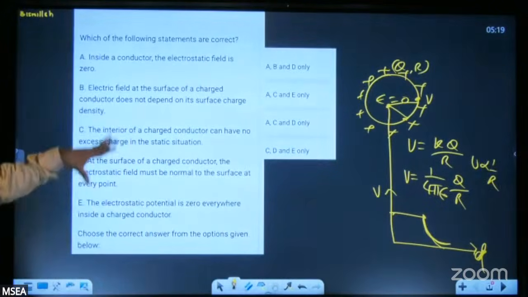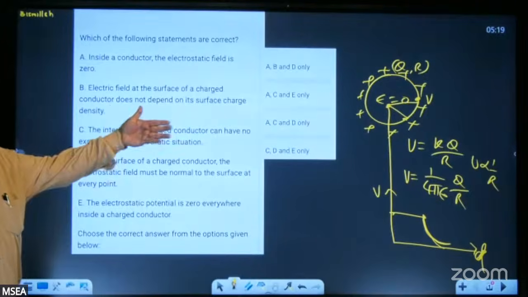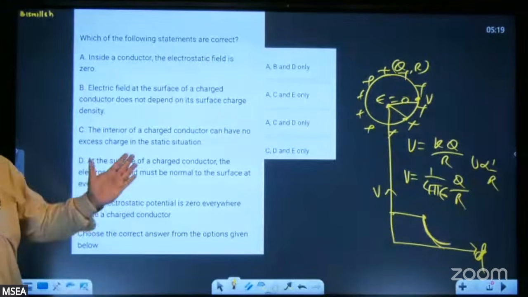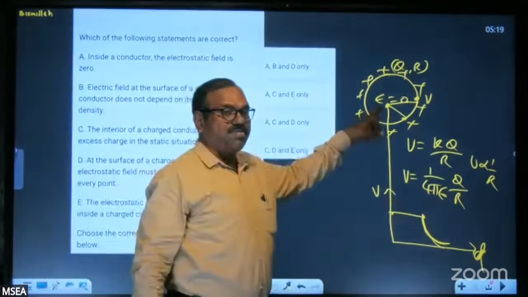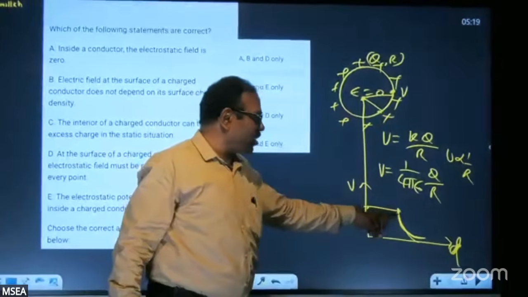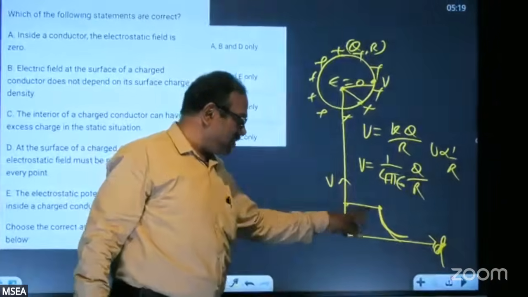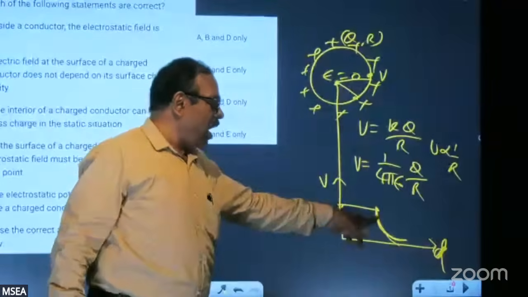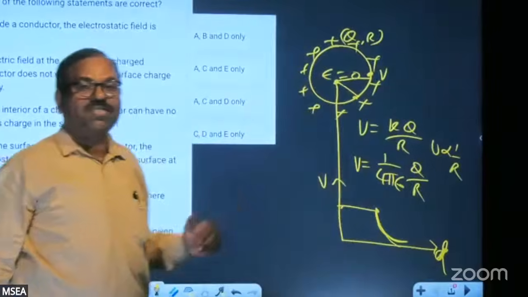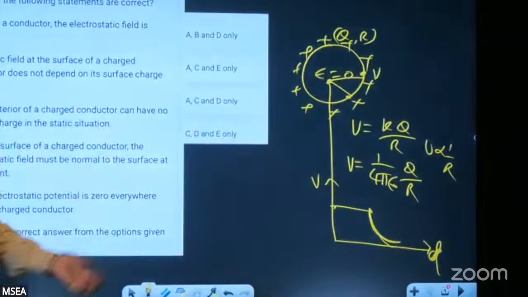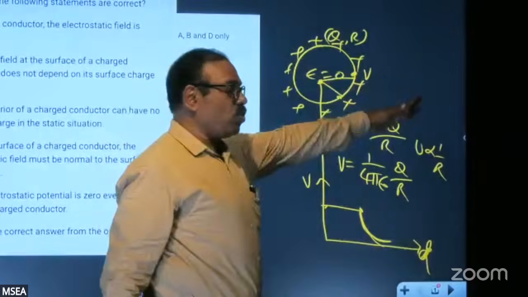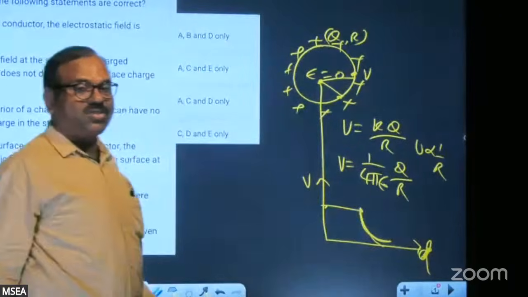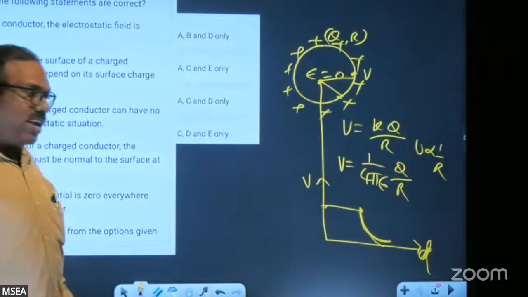So in 2026, they may ask for the graph between potential and distance. Potential is constant from center to the surface, so it is a straight line with the same value up to the surface, but it's not zero. Electric field intensity is zero, but potential is not zero. From the surface onwards it is inversely proportional, which is why the graph is a rectangular hyperbola.